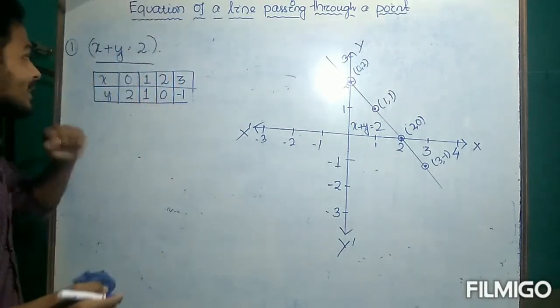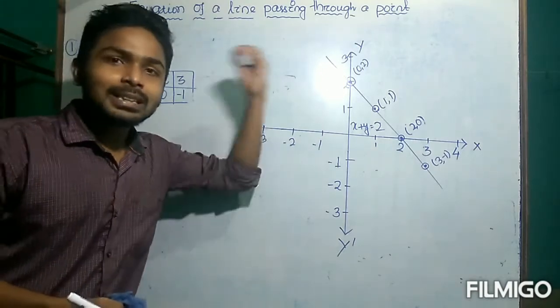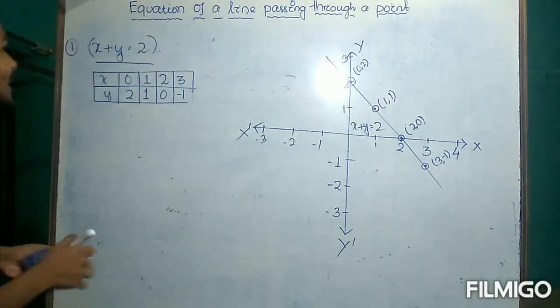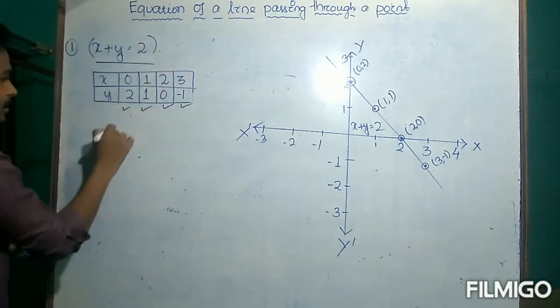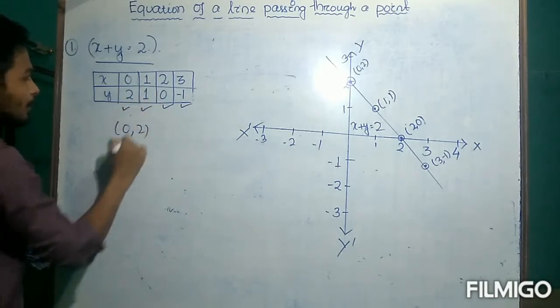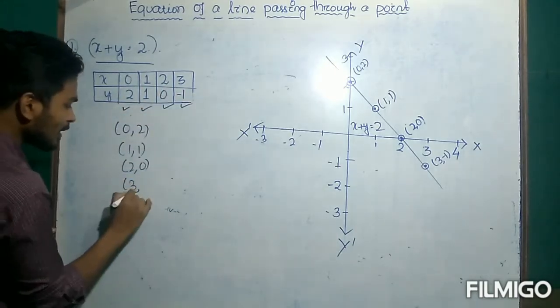In order to do this, you first have to find two or three or more solutions of it. So these are the solutions of this equation: (0, 2), then (1, 1), (2, 0) and (3, -1).